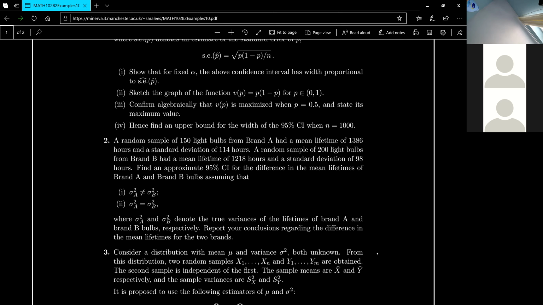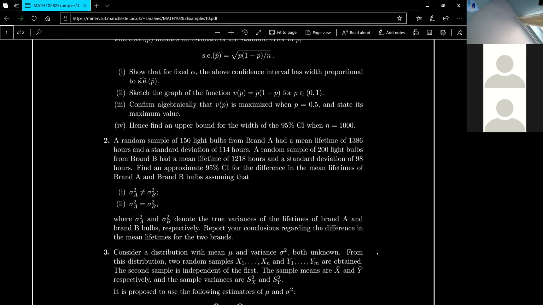So if you use, once again, the 95% confidence interval, if you look at my notes I gave before the Easter break, it is as follows. This is the formula that I gave you guys.